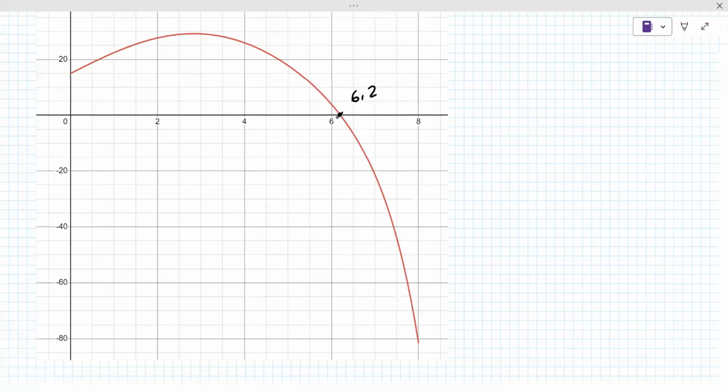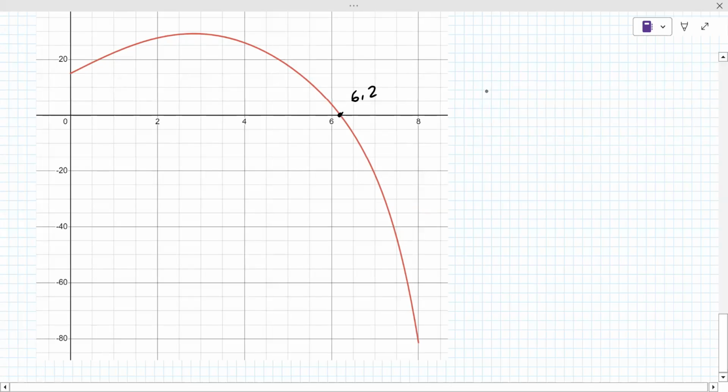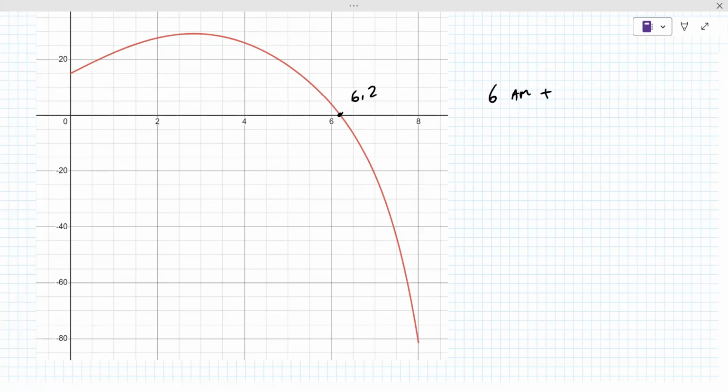Now we need some units. We can't just leave it as 6.2. So that's all in the context of the problem here. It says at what time. So it's hours since midnight. So it's 6 a.m. plus whatever 0.2 is. So you have to take 0.2 and multiply it by 60 to get the minutes.